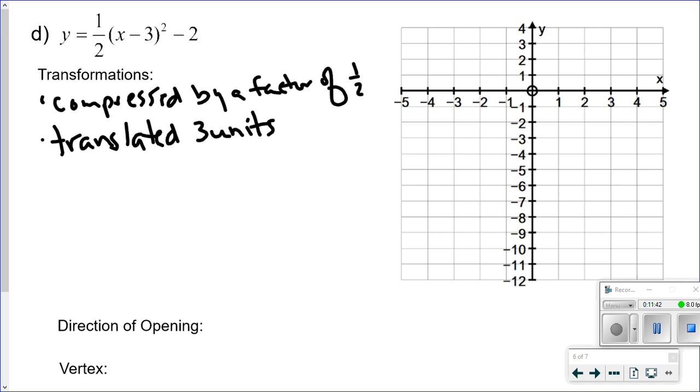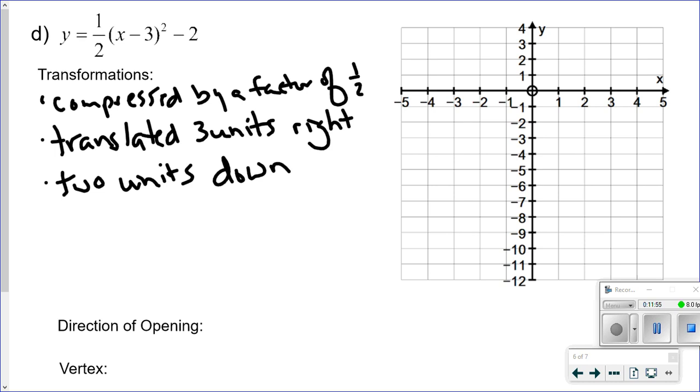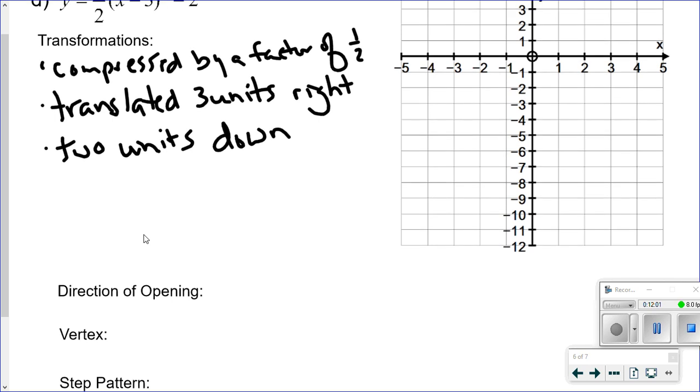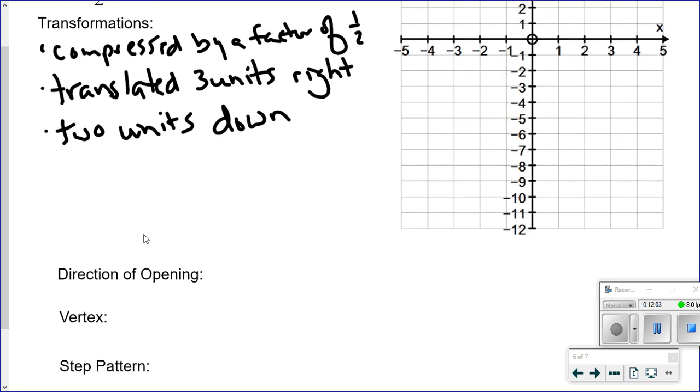-3, so that means it's actually to the right. Now I'm displaying bad form here. It really should be translated 2 units down. Yeah. Direction of opening. Up.